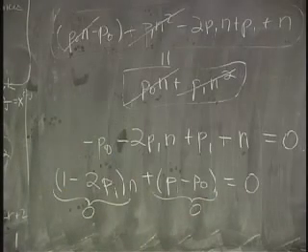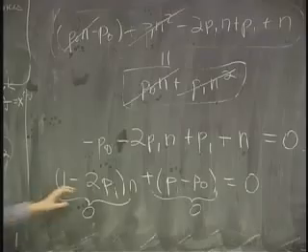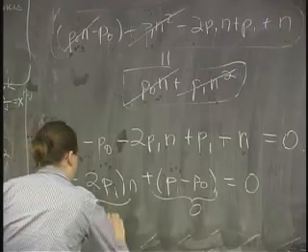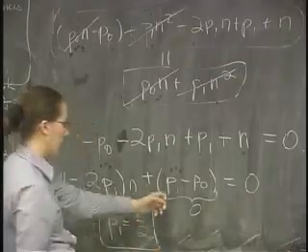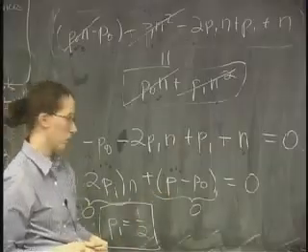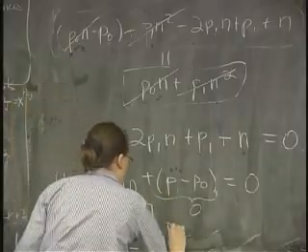So p1 equals p0 equals a half. I can solve this equation to get p1 equals a half, and this equation tells me that p1 is equal to p0, so p0 also equals a half.